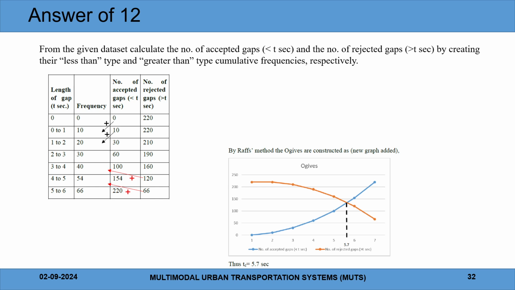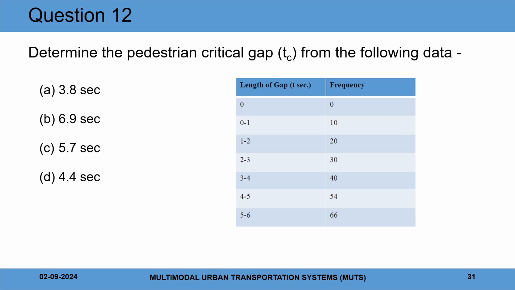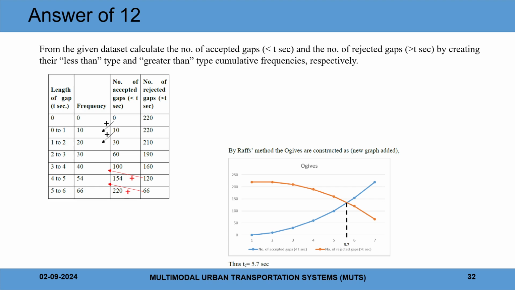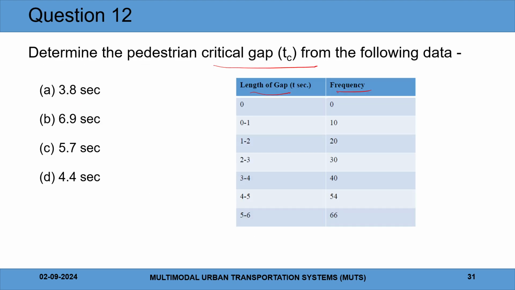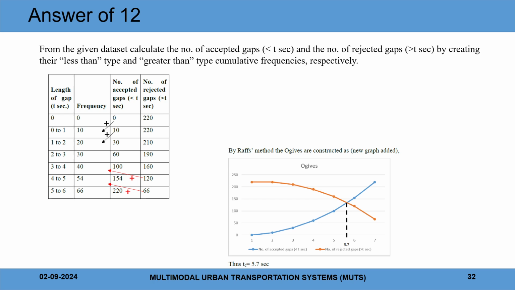There is another numerical which is determining the critical gap, where the length of gap is given and the frequency is given. It means how many people are accepting a particular gap, given as 0, 10, 20, 30 and so on.